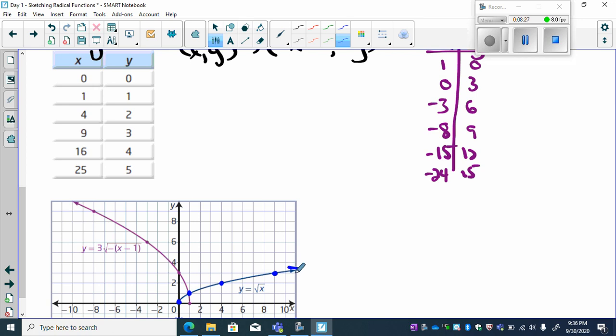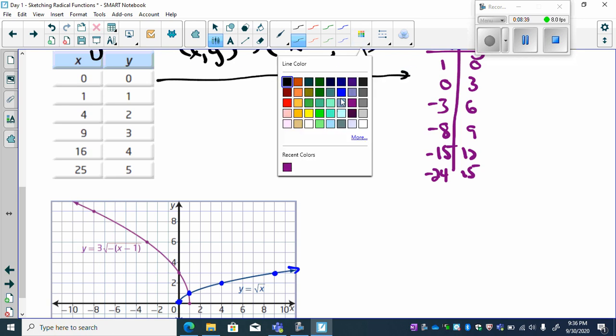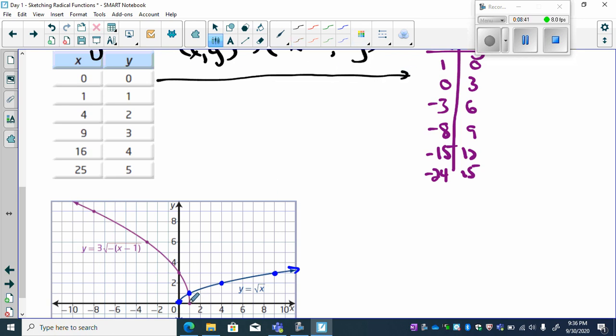One end has an arrow and the other end has an end point at (0, 0). So think about where that point (0, 0) maps to, because that's going to be the end point. Well, it became (1, 0). So here it is, (1, 0), (0, 3), there it is, (-3, 6), there we go, (-8, 9). And that's far enough. I'll join those with a smooth curve, and I put the arrow on this end.